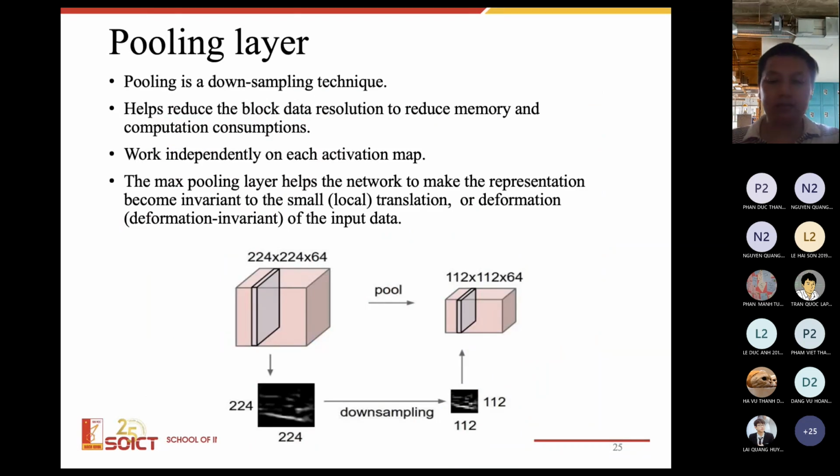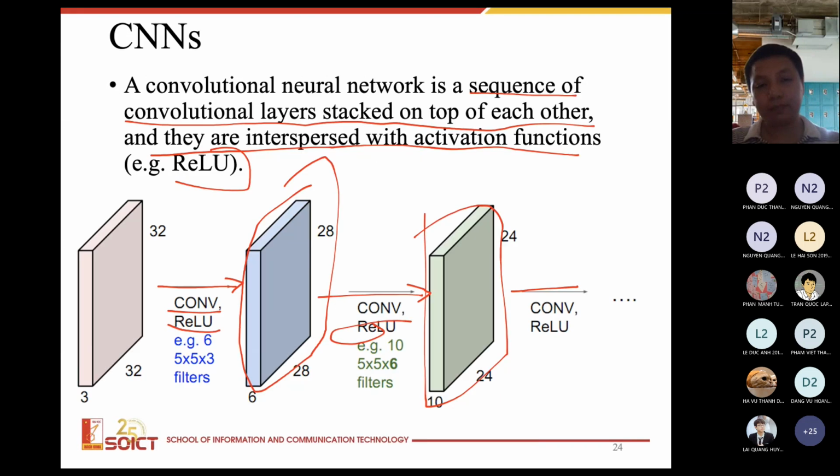Teacher, can I ask a question? I see that the channel is different from the depth, right? I wonder if the channel is different from the depth. For example, 6 channels and 3 depth here.